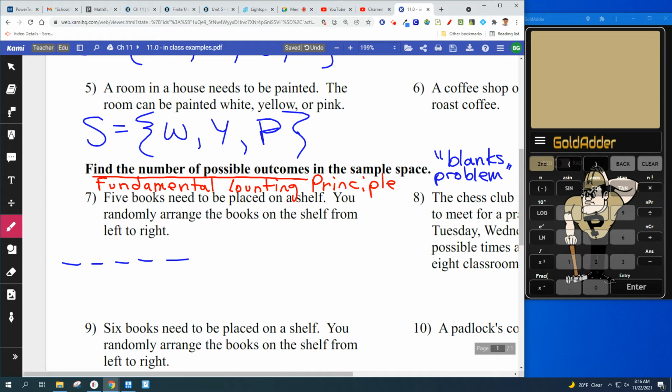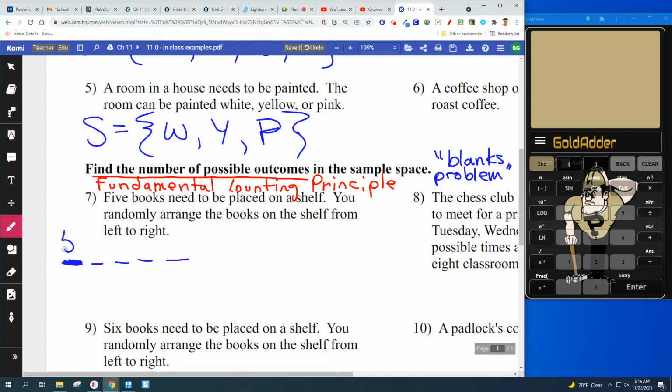All right. Now, fundamental counting principle is basically us asking the question of how many ways are there to do whatever they're talking about in this problem. All right. So when I look at this problem and I'm trying to decide how to arrange these books on a shelf, I need to think about how many ways are there of filling in this first space on the shelf.